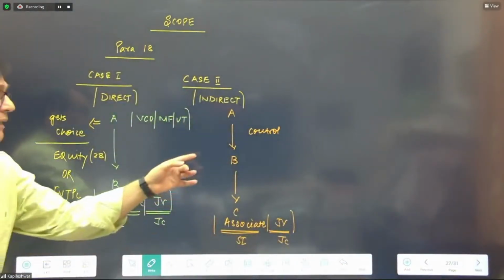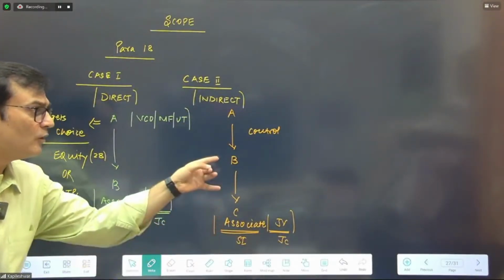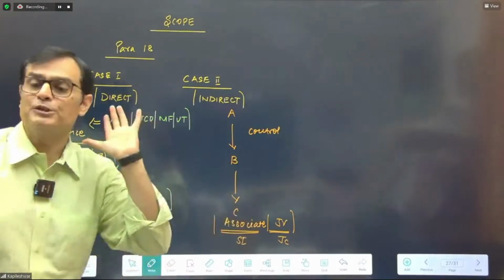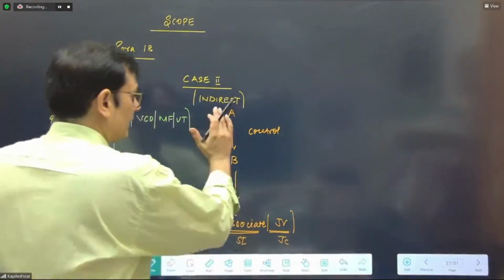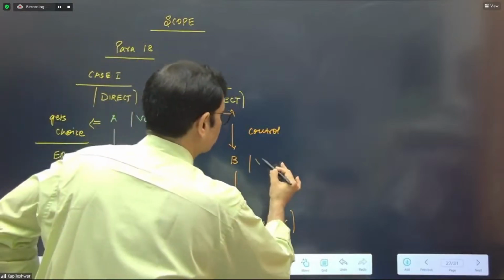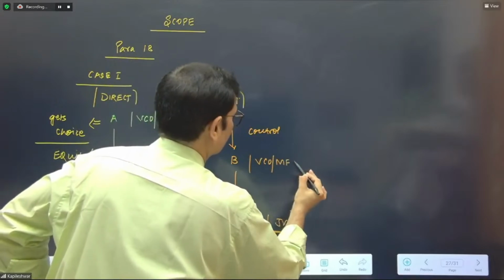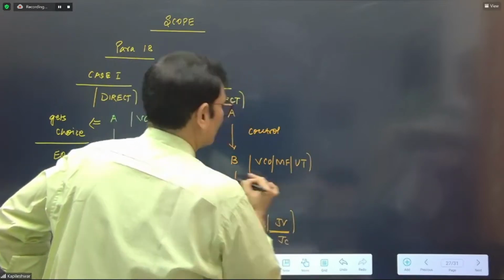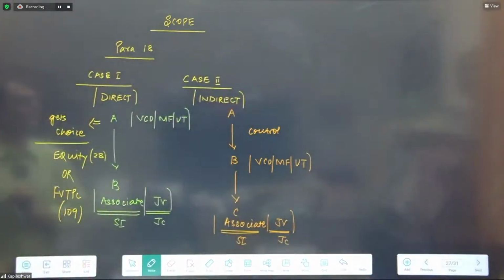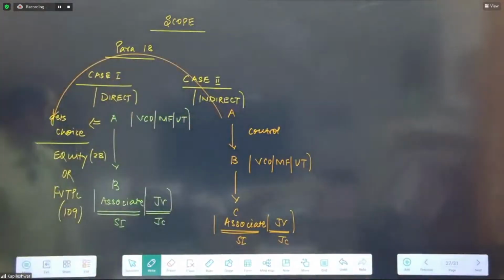Get this clear. Parameter number one, that B has an associate or B has a joint venture. And of course, A has a control over B, that's two. And B is supposed to be a venture capital organization or a mutual fund or a unit trust. Then also A gets a choice.